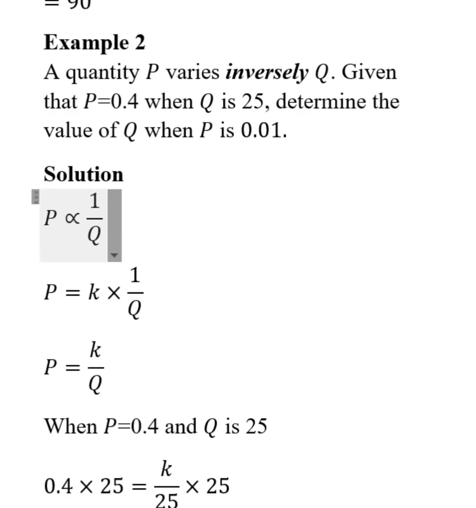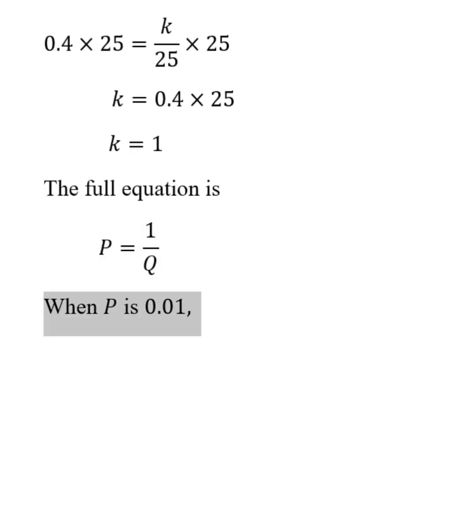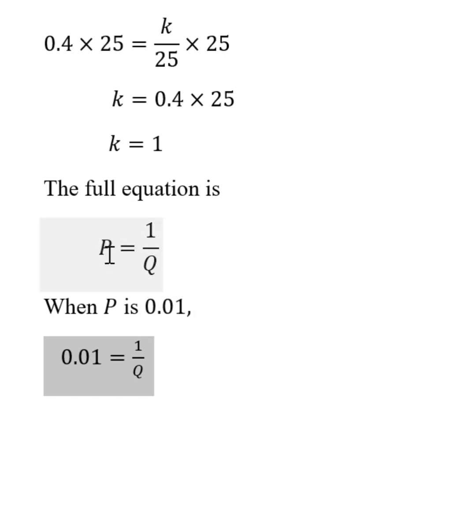Now, the second part of the question is to determine the value of q when p is 0.01. So we shall say when p is 0.01, then q will be equal to, we substitute this 0.01 where we see p, which is on the left side of the equal sign. So we have written it here, 0.01 is equal to 1 over q. We are looking for q.